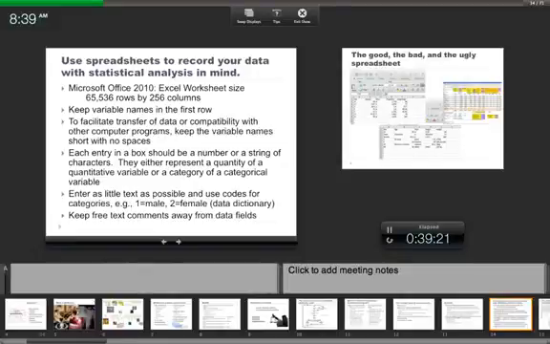So the entry in the box should be a number or a string of characters, and they either represent the quantity of a quantitative variable or a category of a category variable. Okay. So to make this spreadsheet easy to read and easy to analyze, we would try to use as little text as possible and use codes for the category. Like for example, use 1 to represent male or 2 to represent female.